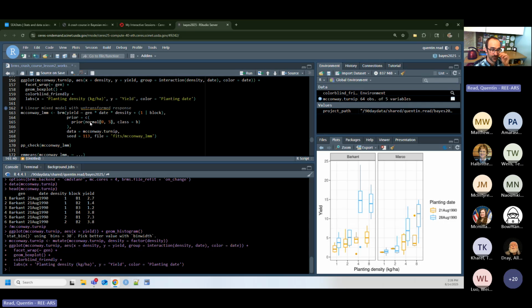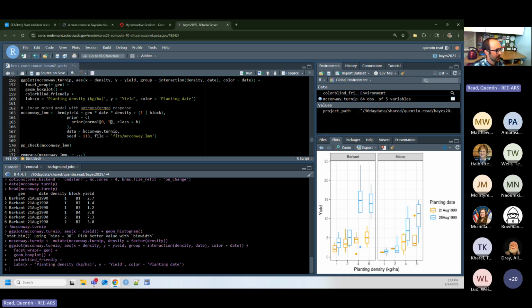And standard deviation of 5, which is pretty generous and encompasses pretty large effects in this context. And remember, that's only the standard deviation. We also are saying there's a non-zero probability of effects larger than 5 as well. But that's just keeping our prior within kind of the order of magnitude of the data.